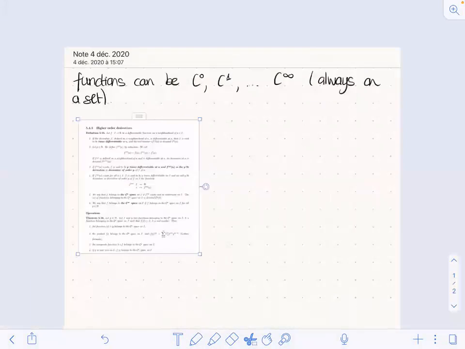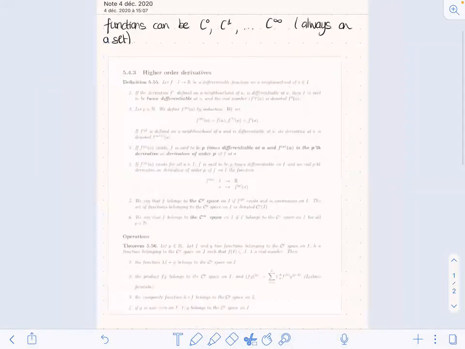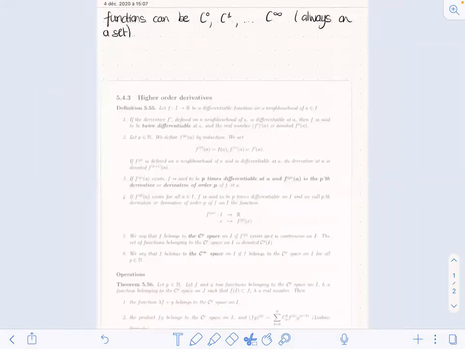The first thing is that all of these notions are based on the idea that your function is either continuous or differentiable.